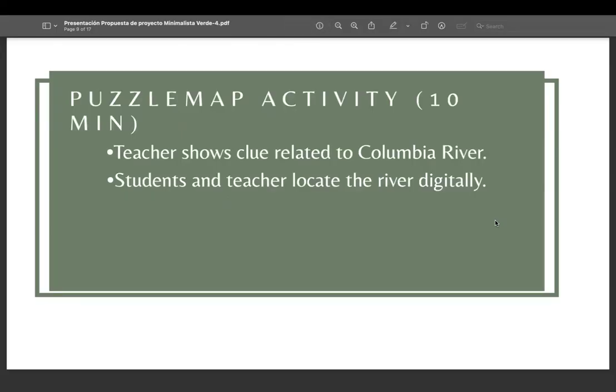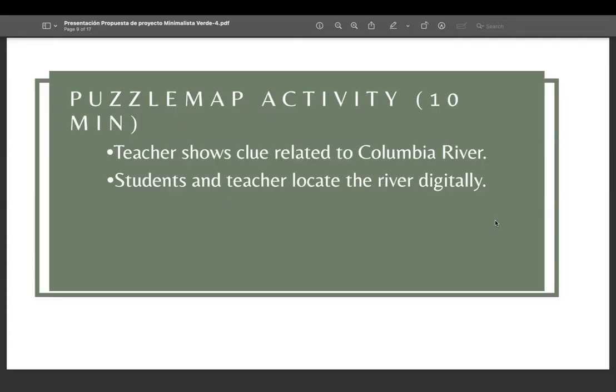And then the puzzle map activity, it's 10 minutes. The teacher will show a clue. Depending on who's doing the lesson, they can make a clue that relates to the Columbia River. In this instance, we chose a clue about nuclear water, the Hanford Monument here in Tri-Cities.